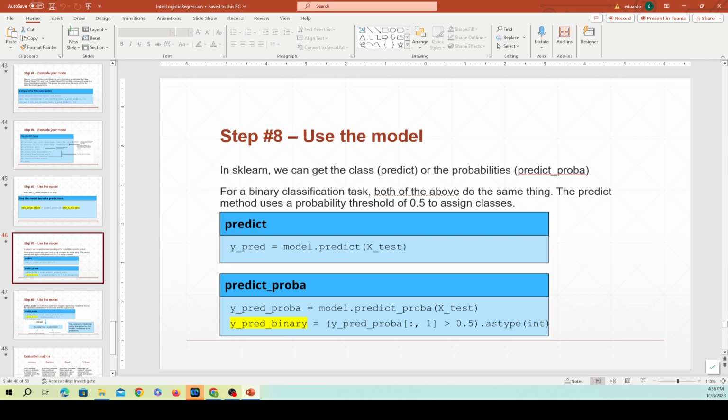How do we use the model? Well, we can use it once we have trained the model, in other words fitted. We're going to use it to make a prediction from the X test. And then from that, we can create our predict probability, to be able to use it for other things.